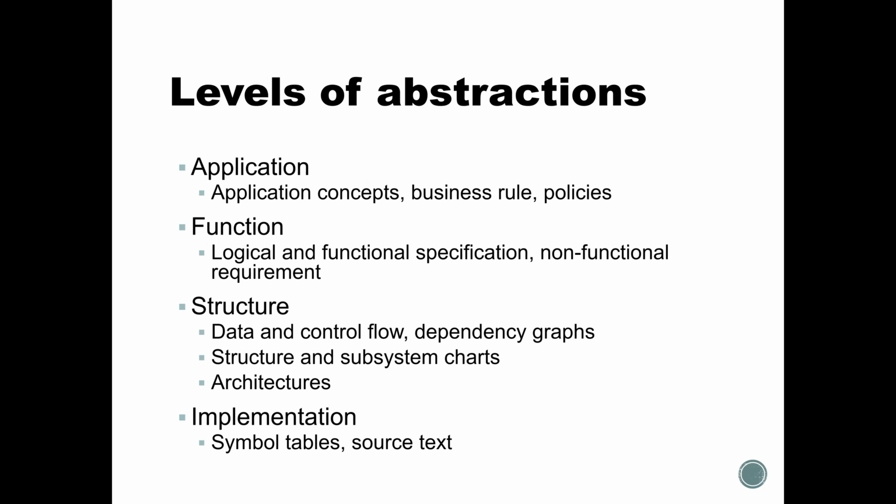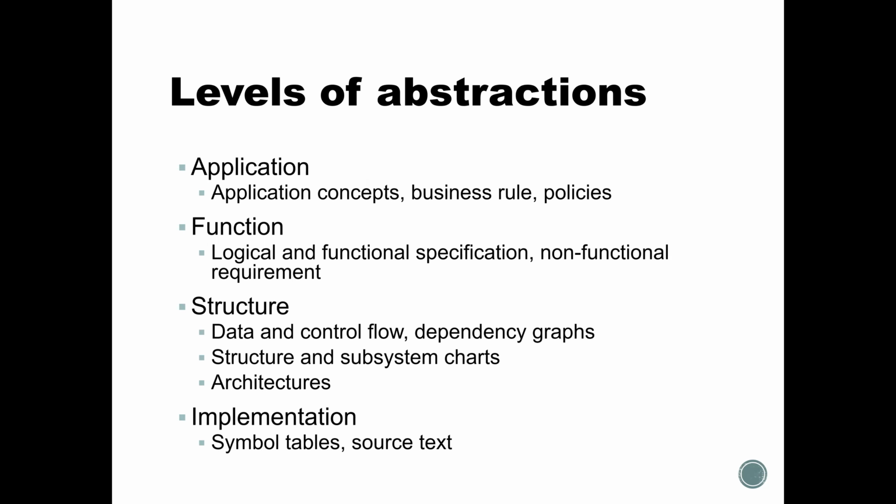In this application, it mainly talks about the concepts, business rules, and policies which were used during the design of the product. Second is the function. What are the different functionalities that the product performs? This functionality can be in terms of non-functional requirements as well as functional requirements.